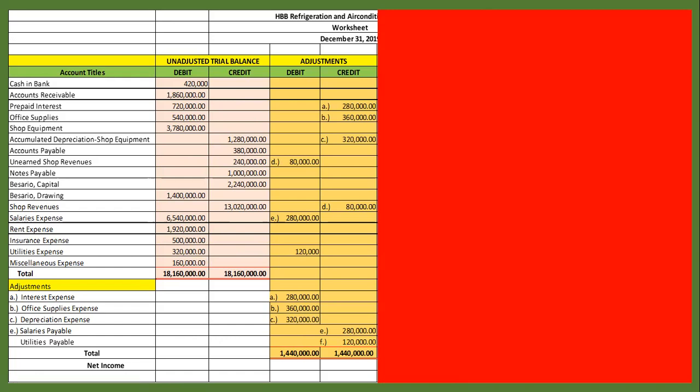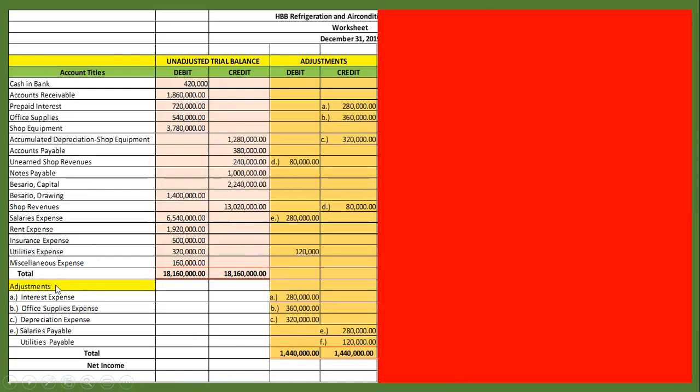So look in the account titles column whether the interest expense account exists already. And if you have noticed, we don't have any interest expense account here. So you need to provide an account title for that.